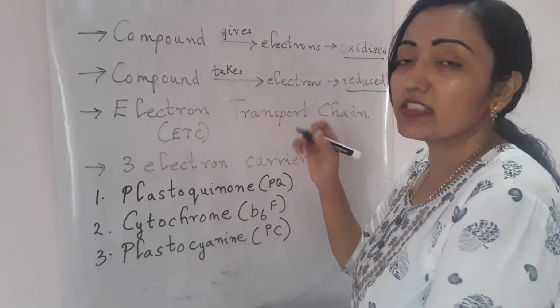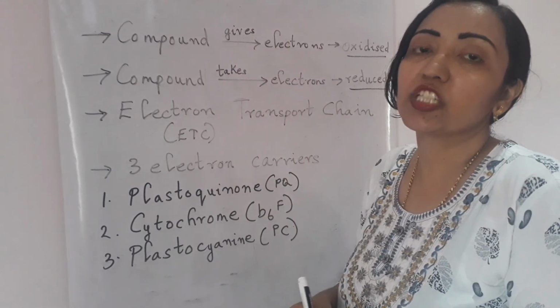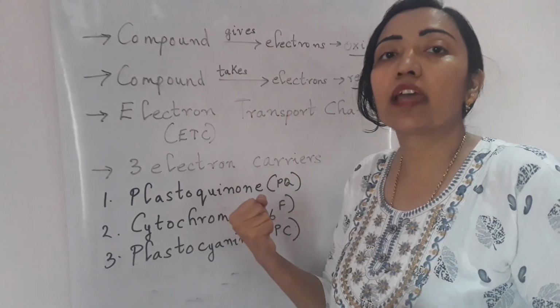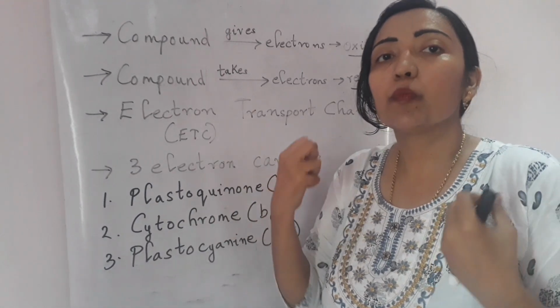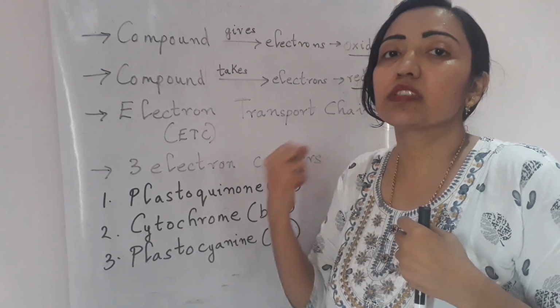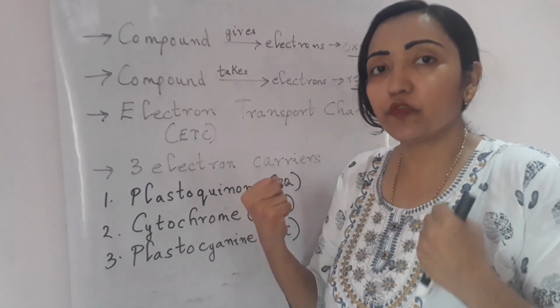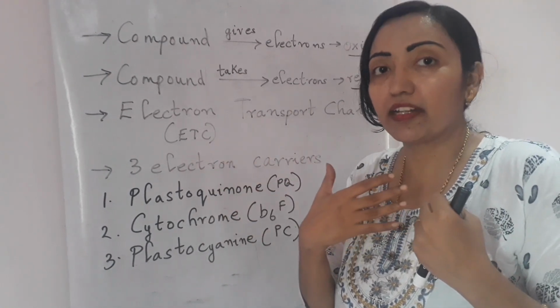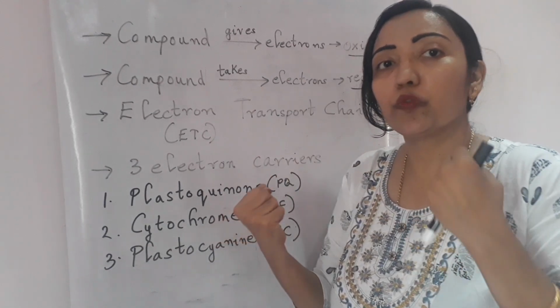There is an electron transport chain between photosystem 2 and photosystem 1. When light falls, both photosystems become active, and the electron transport chain transports the electron from photosystem 2 to photosystem 1.